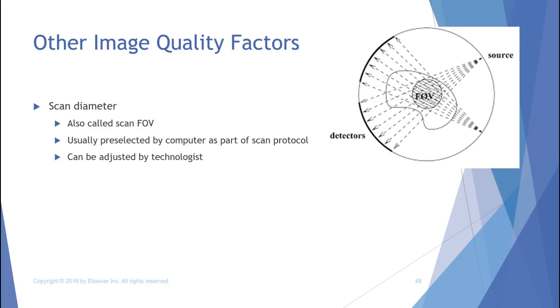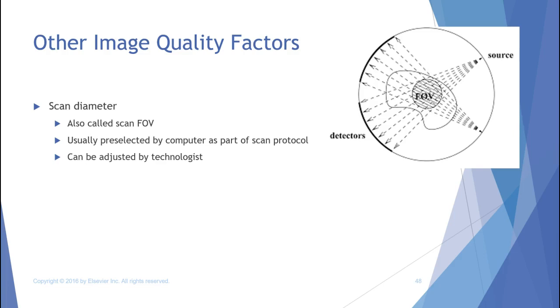Okay, and this is showing a scan diameter. It's the field of view, it's called the scan field of view. And we had mentioned that the diameter of that gantry, the aperture in your CT scanner, is usually about 70 cms. Most scan fields of view in CT are 50 cms.